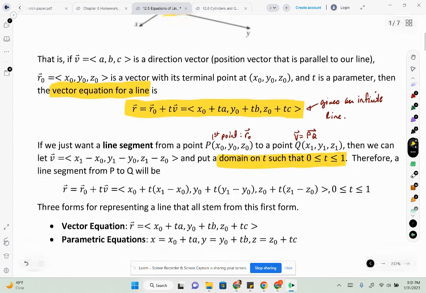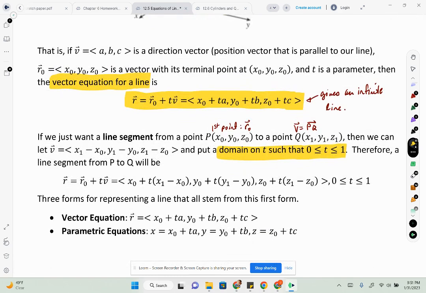And so here's what that looks like. It's very similar to what we see in the general form for an infinite line. It's just that instead of having our v vector with components a, b, and c, our v vector has components x1 minus x naught, y1 minus y naught, and z1 minus z naught. They're still going to be numbers, okay? And so this is our other form.